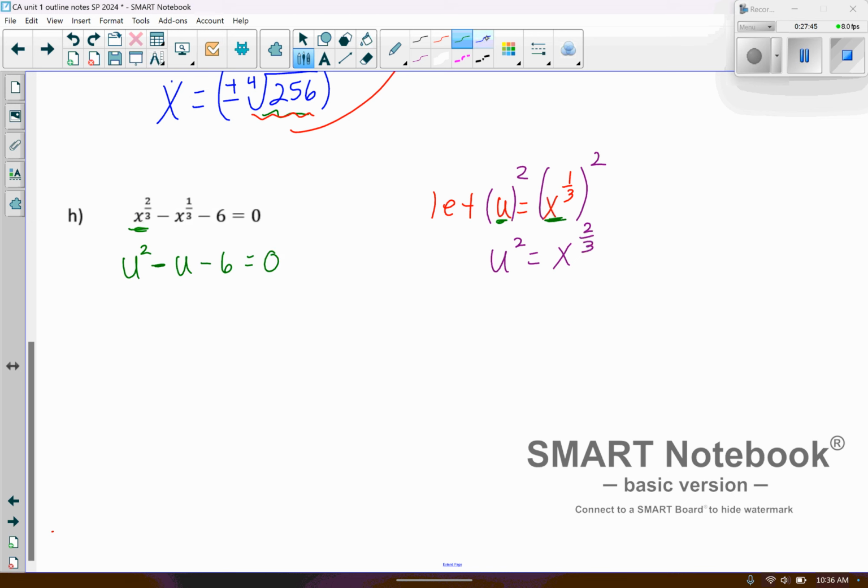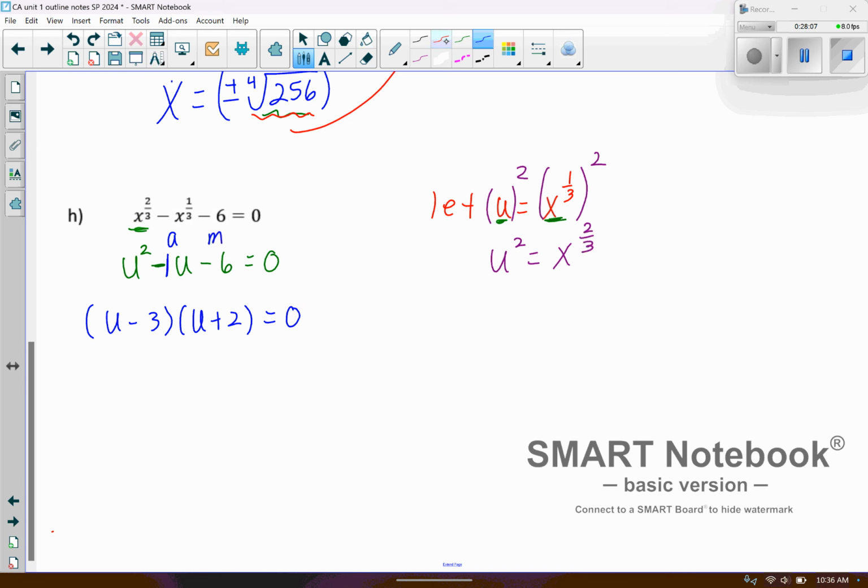And then what we're going to do is go ahead and factor this like we've done before. And this one's actually very easy because you're looking for two numbers that multiply to give you -6, but add up to -1. And so that's going to be a -3 and a +2 right there. Okay.